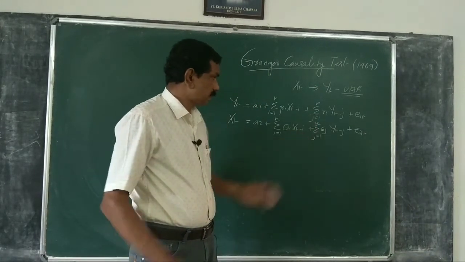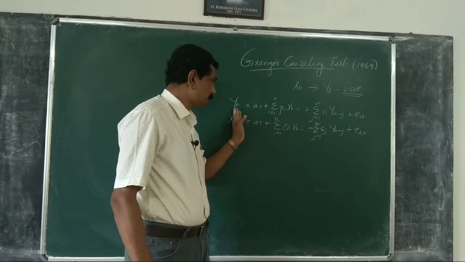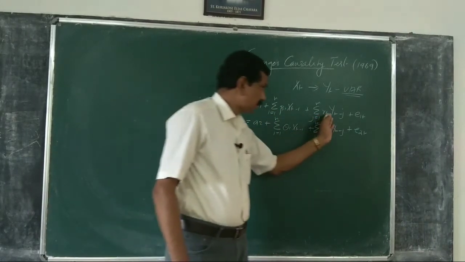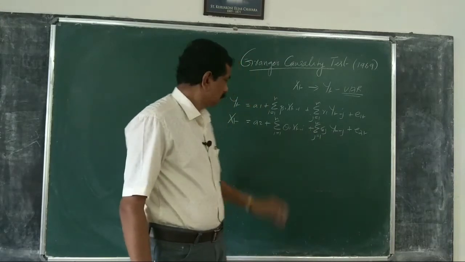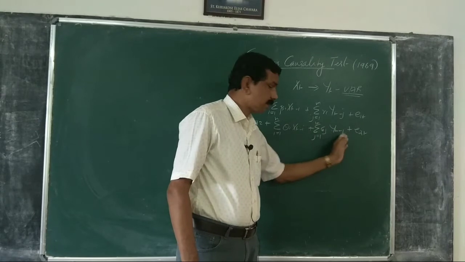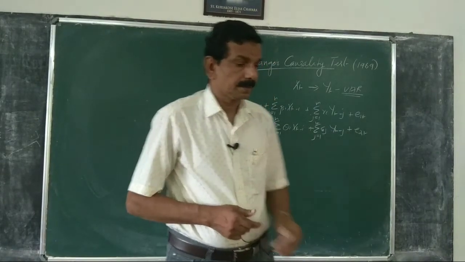What these equations say is yt depends on the past values of x and also the past values of y. Xt depends on the past values of x and also the past values of y.